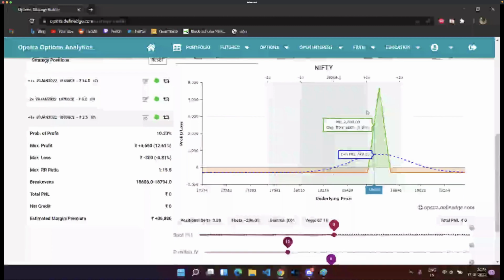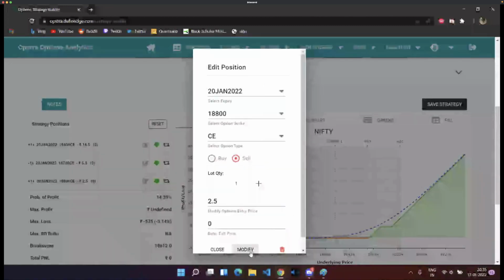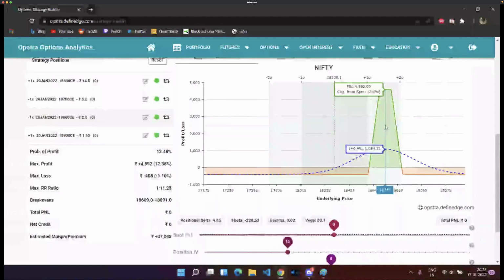So let's just build a 100-point ladder. Yeah, this. So in this too, you're making the same money, but that money you'll make from 700 till 800.